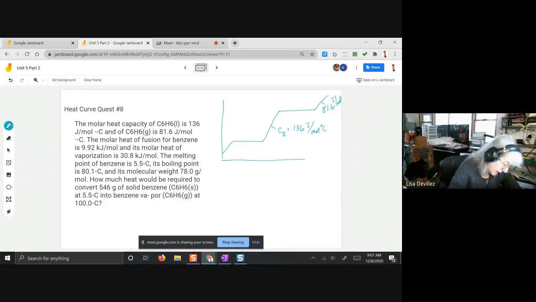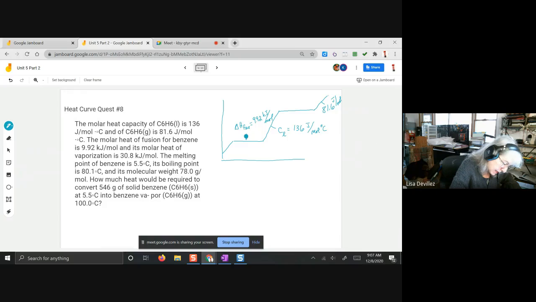And the melting, so delta H of fusion, is, and that's the other thing, this is in kilojoules, so 9.92 kilojoules per mole.